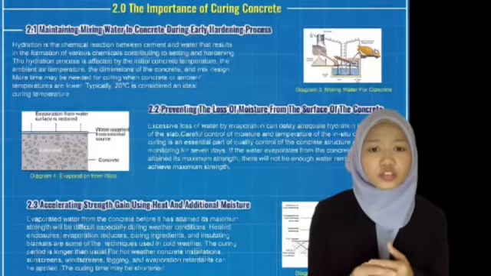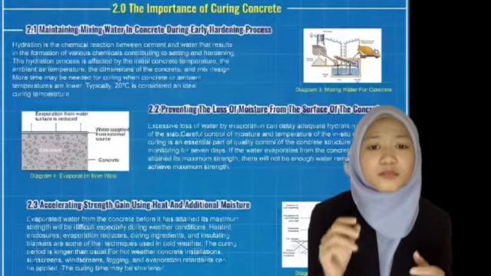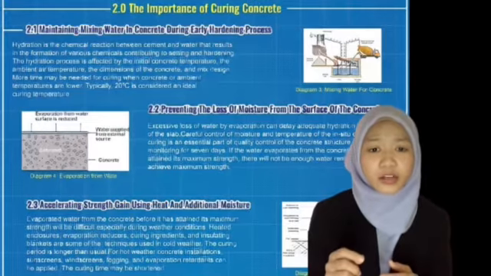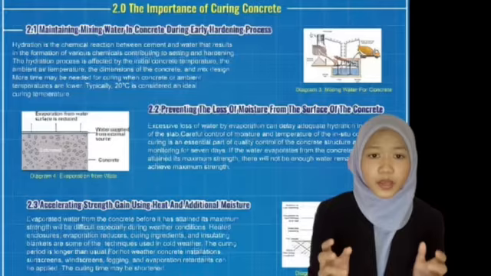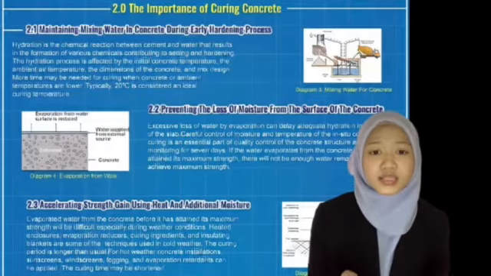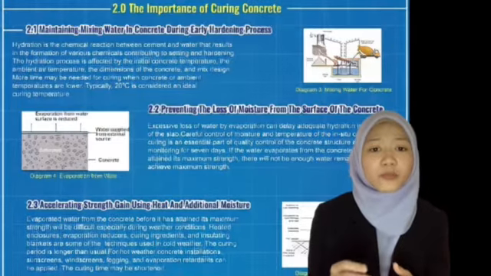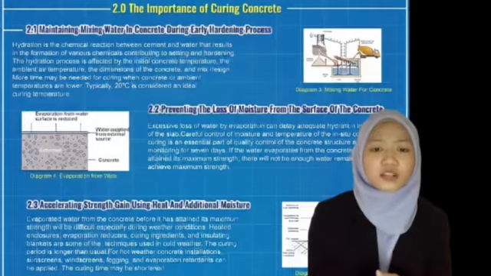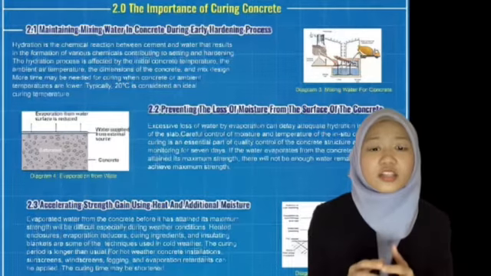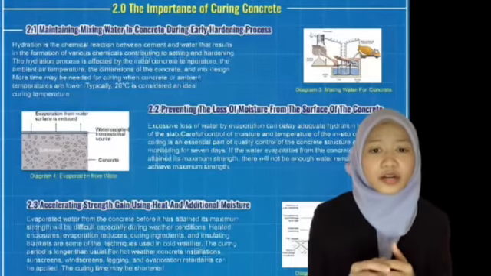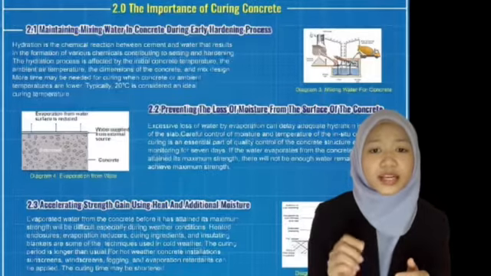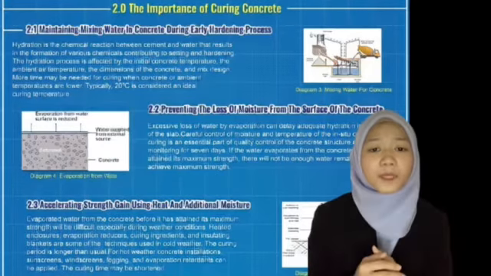Curing of concrete should occur as soon as it has been placed by covering concrete with impervious paper or plastic sheets and applying membrane-forming curing compounds. It is also essential that continuous monitoring of concrete curing conditions be carried out for 7 days.